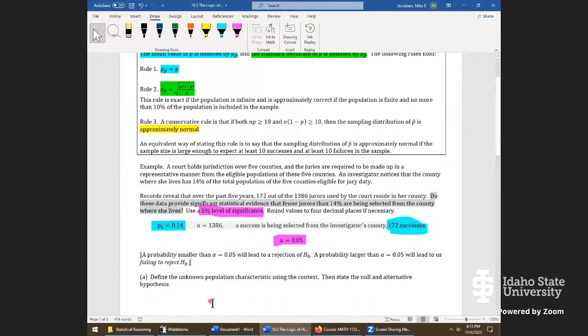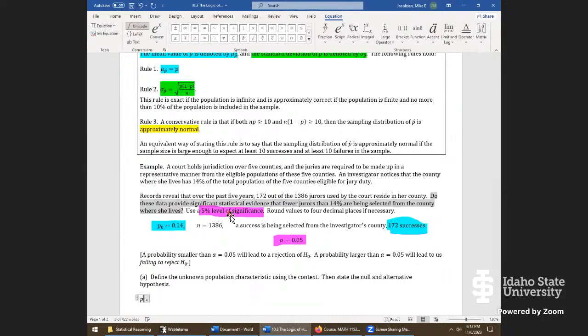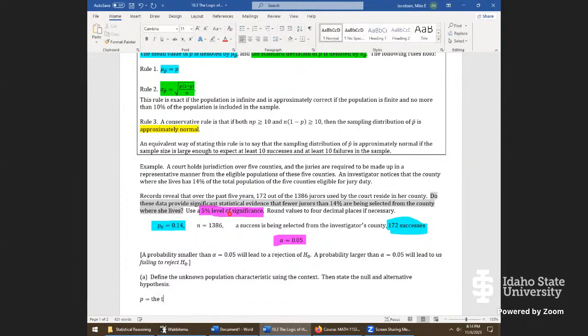Okay, let's start with the population characteristic. Our data is all categorical, so we're going to be using P to stand for proportion. And we can write out something along these lines. P equals the true proportion of, let's go to the highlighted portion here to get a feel for successes, or what we wrote down here.